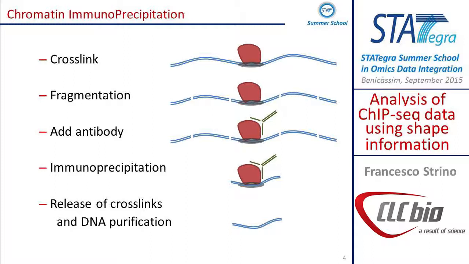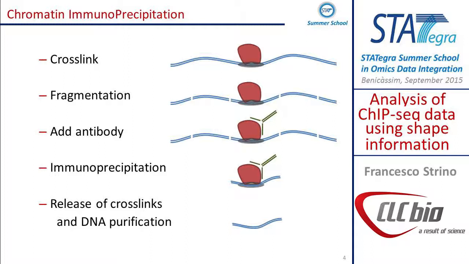And the next thing is the immunoprecipitation. So we add an antibody that is specific to the protein we're interested in. At this point, it will attach to the protein, which is attached to the DNA. Then we wash everything, and we keep only what is attached to the antibody. So at this point, we got rid of all DNA that is not attached to the protein.